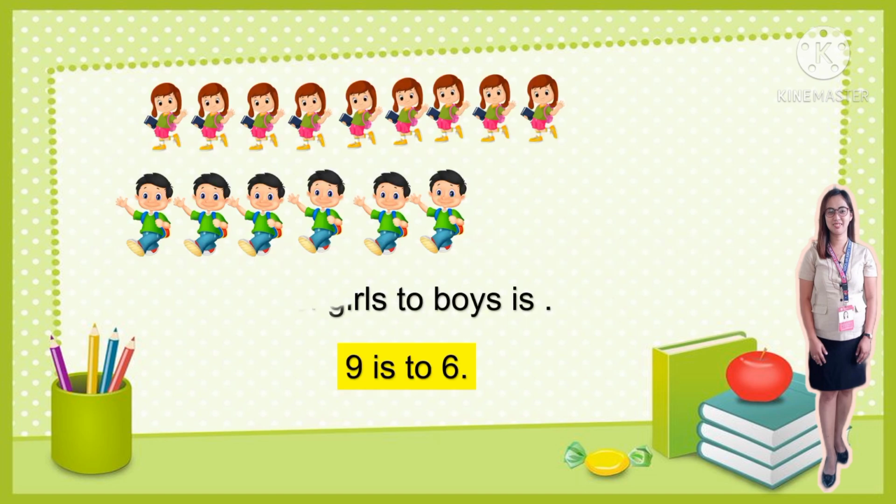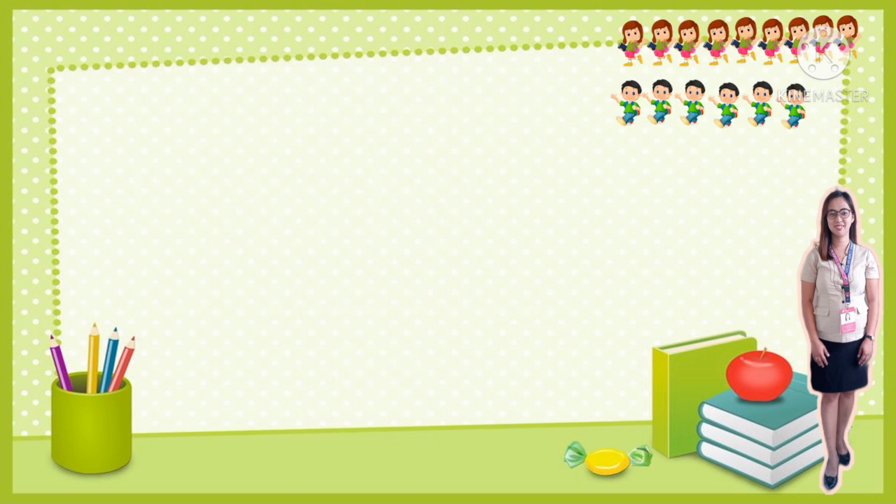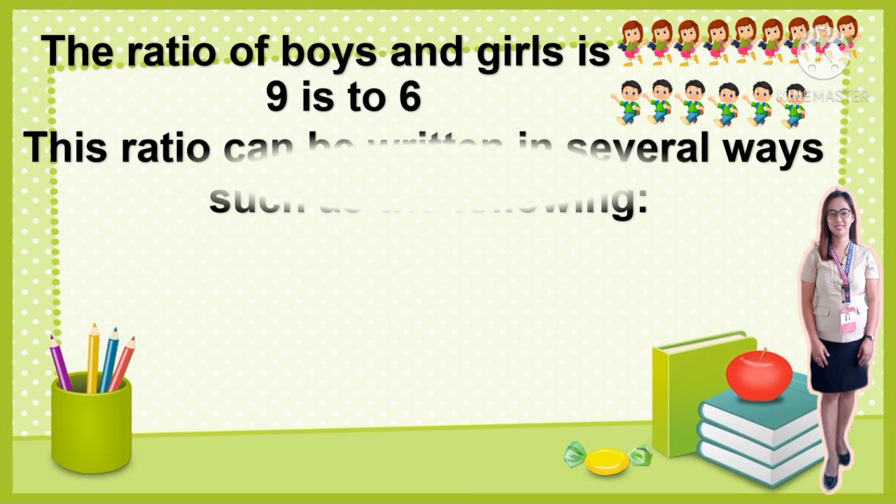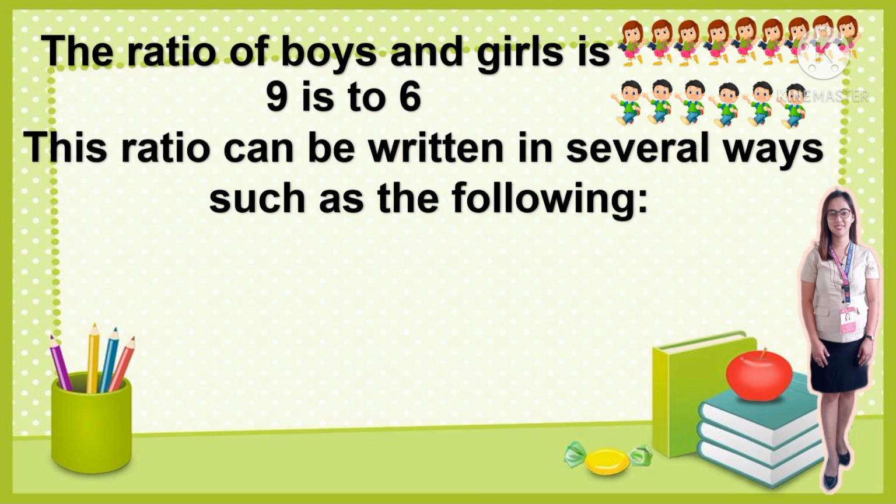In this given example, the ratio of girls to boys is 9:6. This ratio can be written in several ways, such as the following.